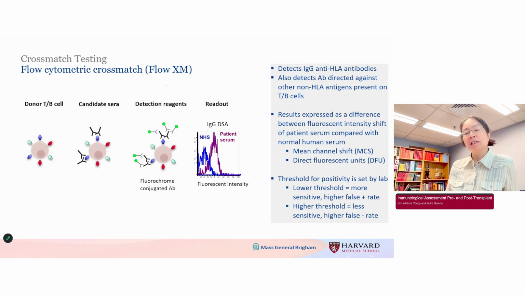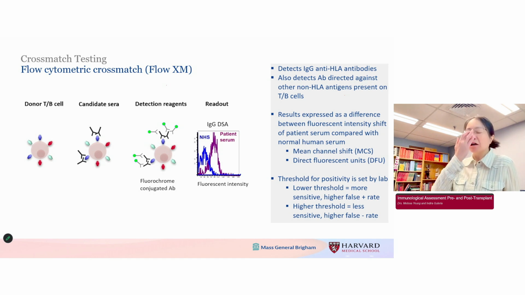The setup of this assay is very similar, but the readout is by flow cytometric methods. You compare the fluorescent intensity that results from your patient sera to a control well of normal human sera for background reactivity.